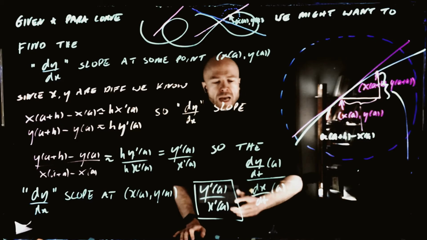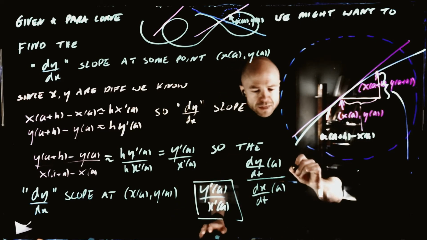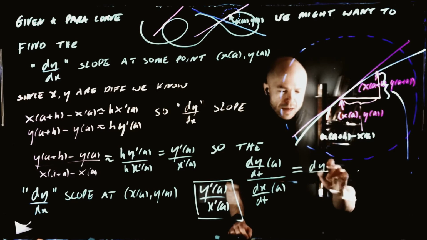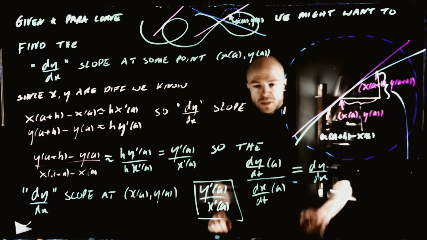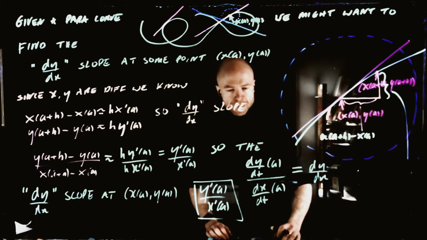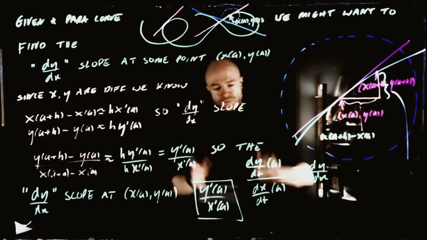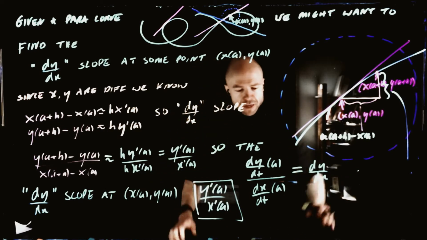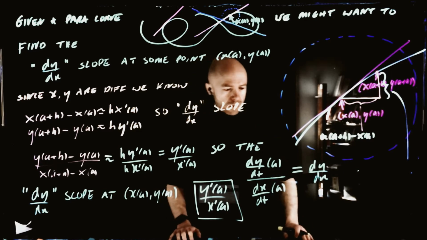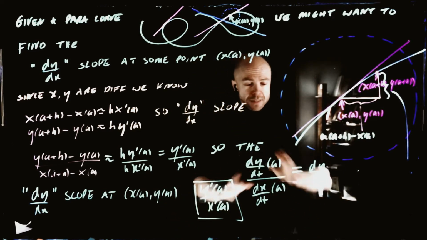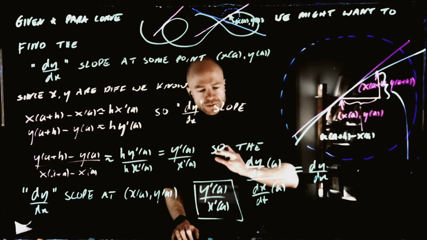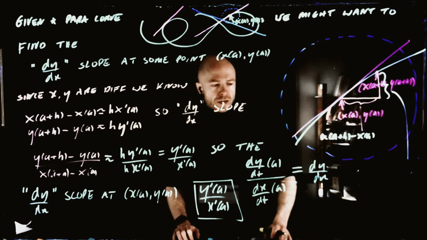And if you do this completely nonsensical thing of cancelling the dt's on the top and bottom, then you get dy by dx, which is the dy by dx slope. You might have seen explanations like this in previous courses. This is nothing except a way to remember the formula.